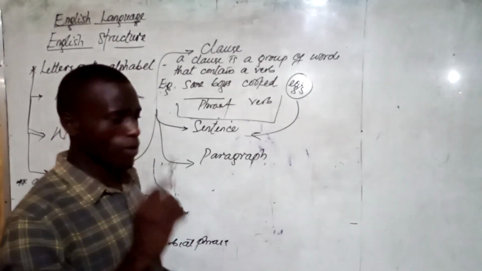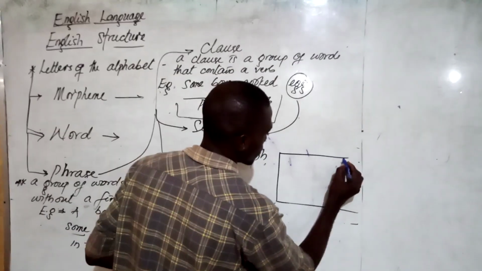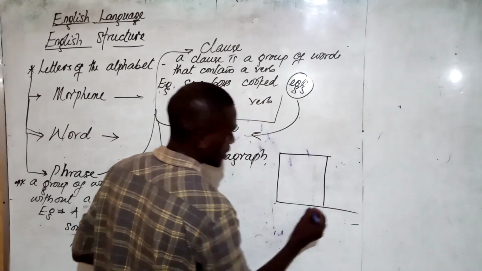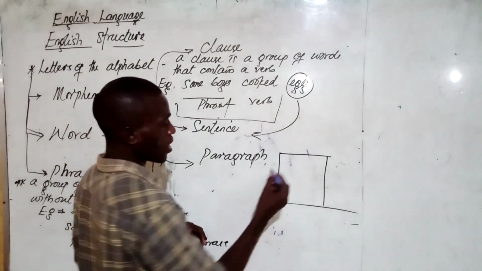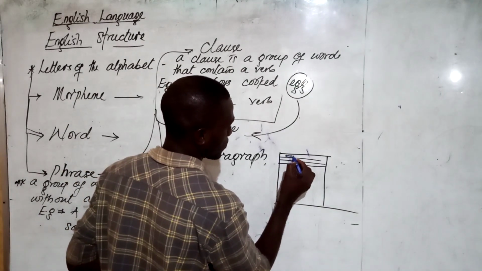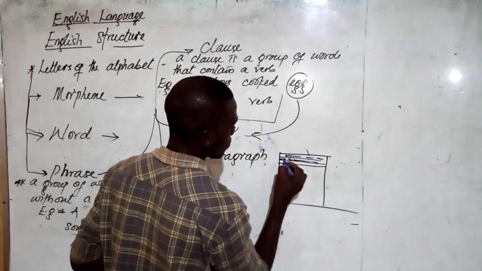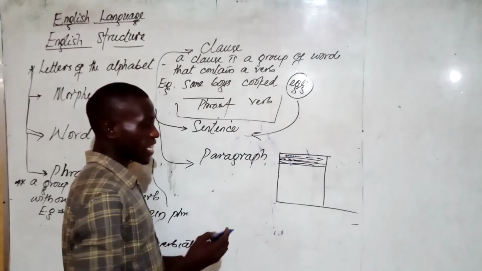Remember that there's an error students usually commit. When I write like this, they call the space that you leave here a paragraph. That is not a paragraph.